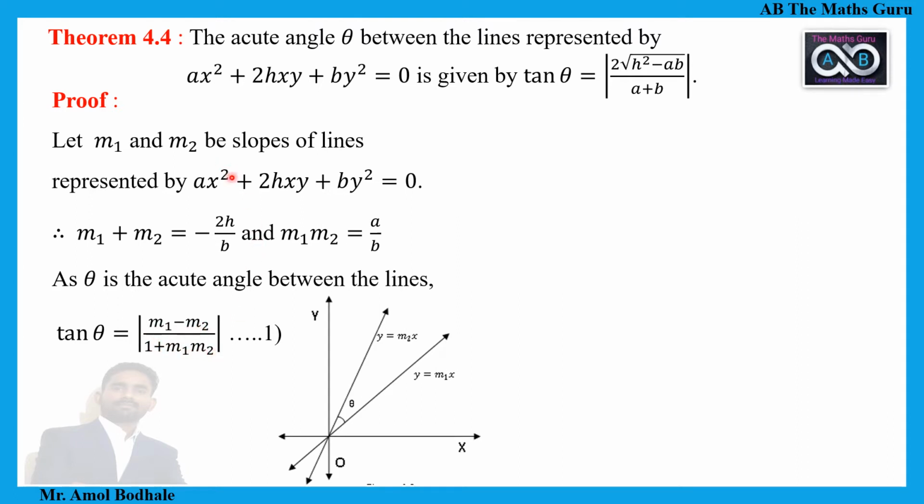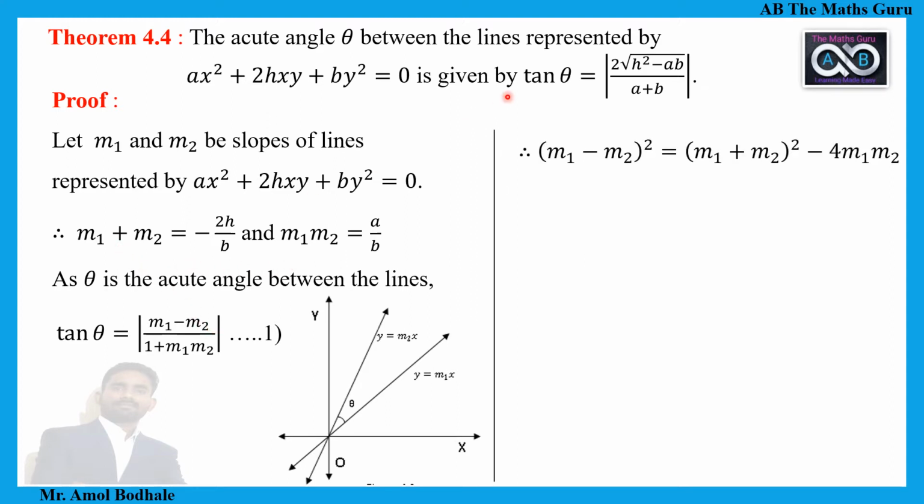From this equation we have the values of m1 plus m2 and m1 into m2, but here we require the value of m1 minus m2. So we can find the value of m1 minus m2 using these two conditions. As we know, (m1 minus m2) whole square can be expressed as (m1 plus m2) whole square minus 4 m1 m2.